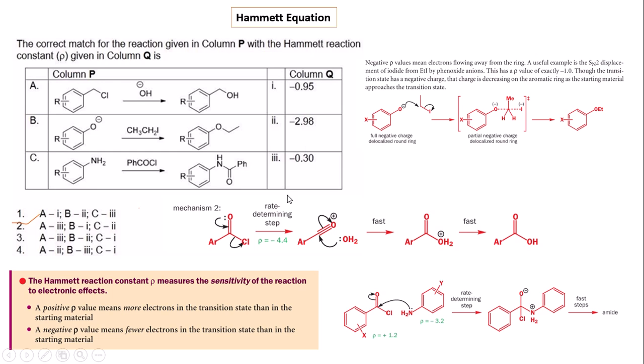So option 2 is correct, where A matches with minus 0.30, B matches with minus 0.95, and C matches with option 2. And this is the E option, where the lower electron density at the transition state leads to a higher rho value.